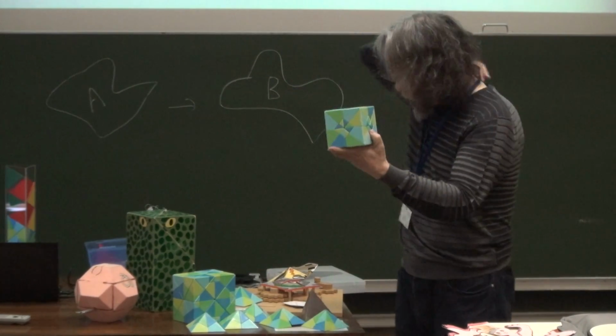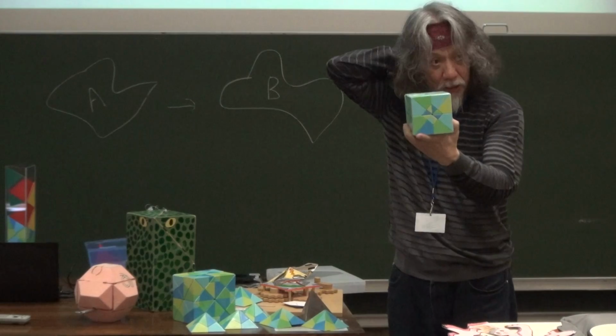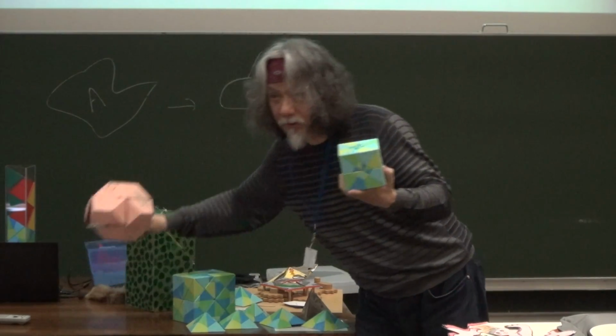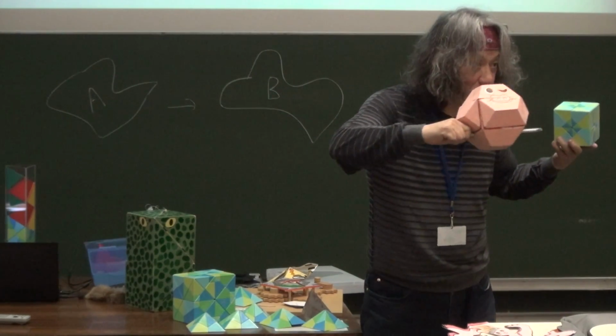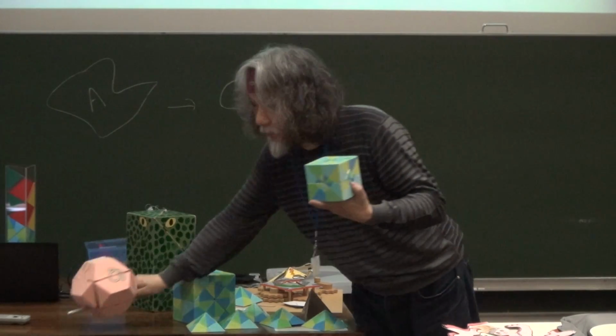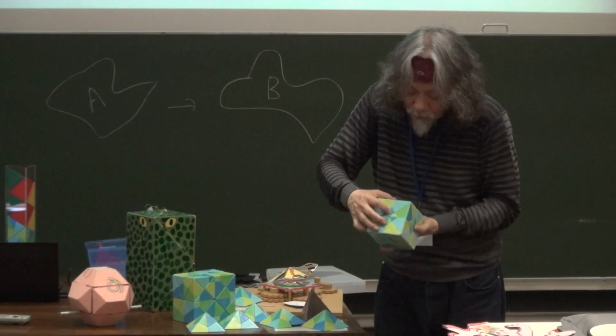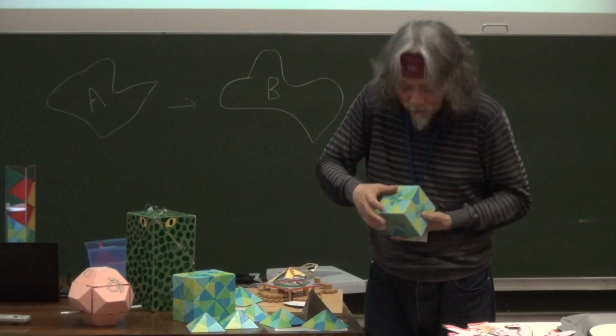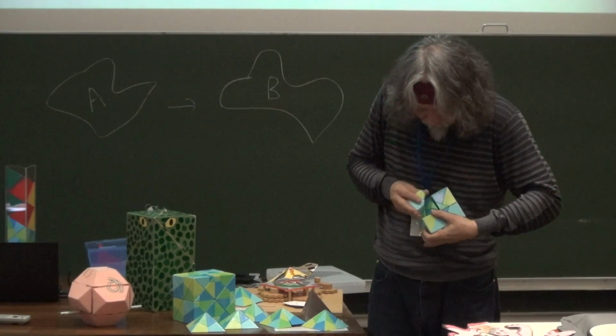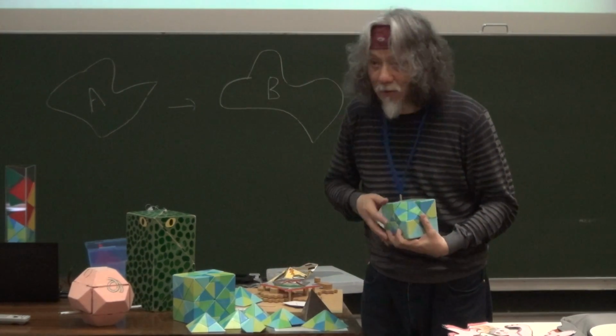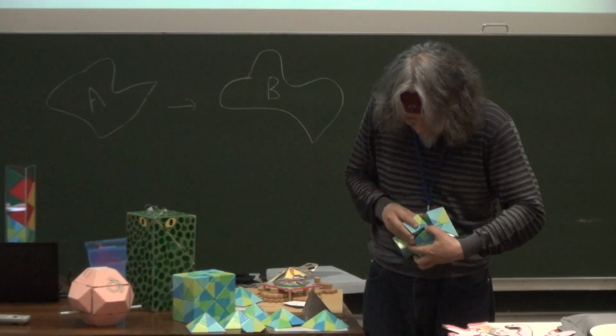And can you see the truncated octahedron? This pink truncated octahedron. You can see through the window here. If you remove this truncated octahedron, we can see.